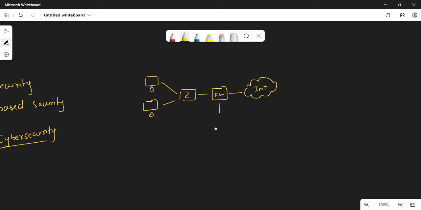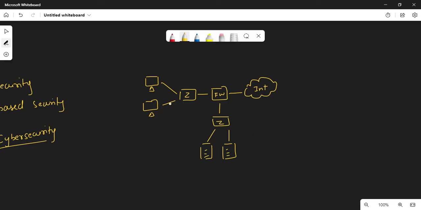Similarly, for websites or any service which you have hosted over the internet, you need to have your servers in place. So you have multiple servers, web servers, FTP servers. It depends upon the service you are offering.